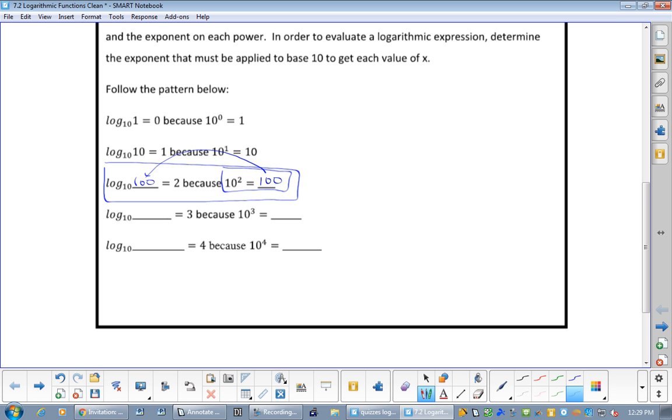What if I said, let's call the 10 the base. Let's call it, say, b to the x equals a. Now this is where we really gotta figure things out. So this is b, that's x, and that's a. How would it look if I changed to log form?